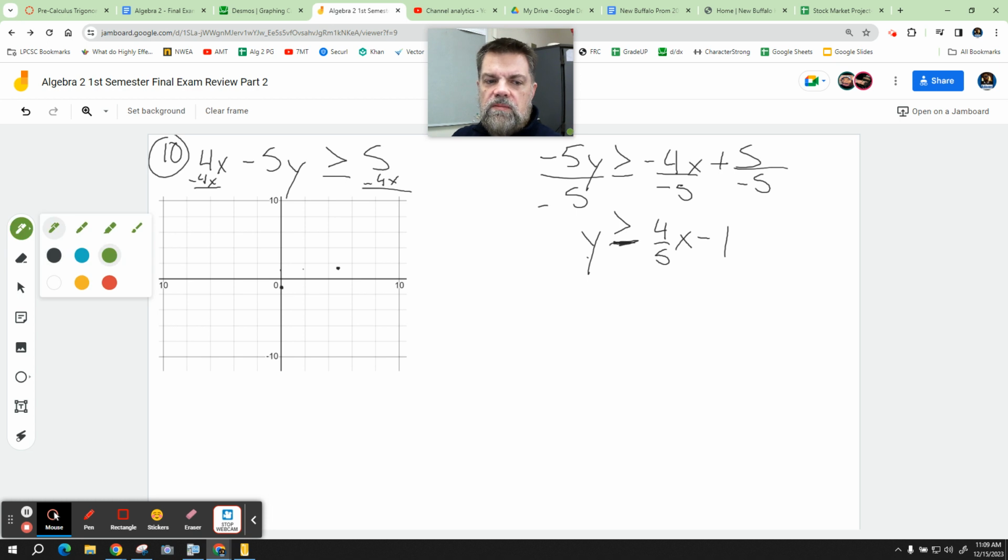So I'm going to go up 4 over 5. So my line should sort of look like this. And then also, it's greater than, so it should be shaded above, right?